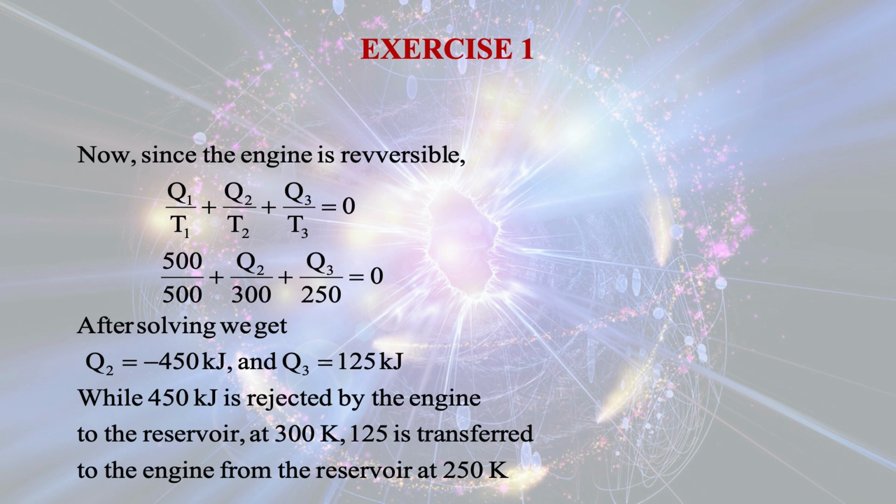If you solve these two equations, you will get Q2 equal to minus 450 kilojoule and Q3 equal to 125 kilojoule. While 450 kilojoule is rejected by the engine to the reservoir at 300 Kelvin, 125 kilojoule is transferred to the engine from the reservoir at 250 Kelvin. So this is the final solution for this particular problem.